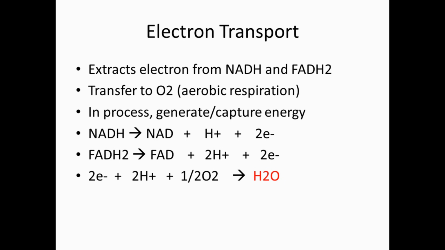NADH will convert into NAD and give one hydrogen and 2 electrons. FADH2 will convert into FAD and give 2 hydrogens and 2 electrons. Those 2 electrons and hydrogens combine with each other and half a molecule of oxygen, and that will give 1 molecule of H2O.